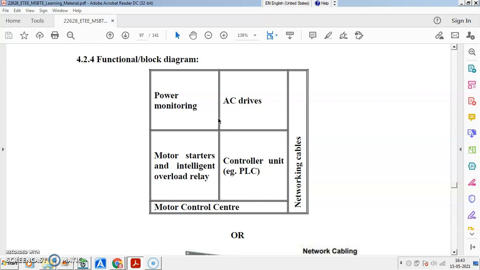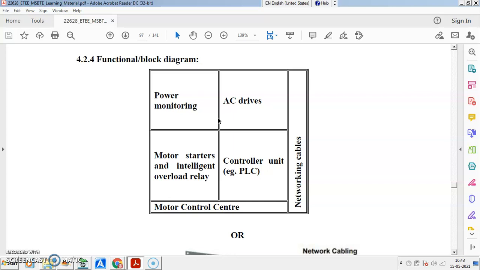So what exactly is in IMCC? Power monitoring is associated with the condition of the power, availability of power, power requirement as per demand, as per voltage, as per frequency, it can be monitored. Quality of power can be monitored.